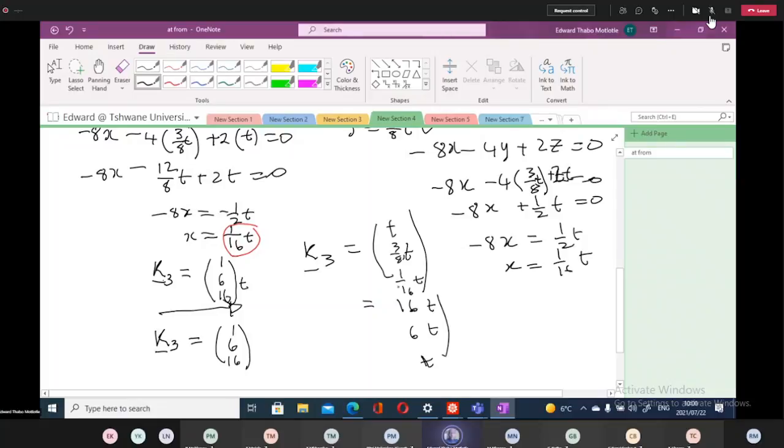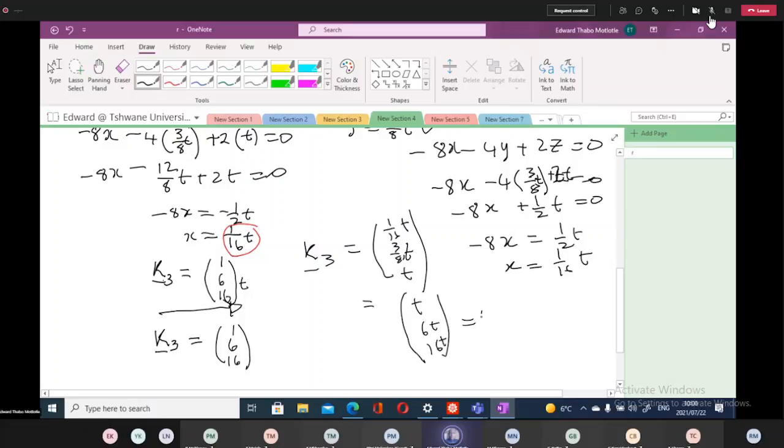Oh, I didn't write it properly. It's another way around. Okay, this guy here is our x, so it's supposed to be on top there. That's why I'm confused. So this is 1 over 16t, and this is t. So if you multiply everything by 16, so we are trying to simplify this expression, we end up with t, 6t, and 16t here.